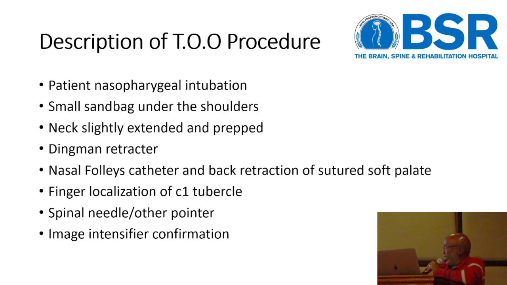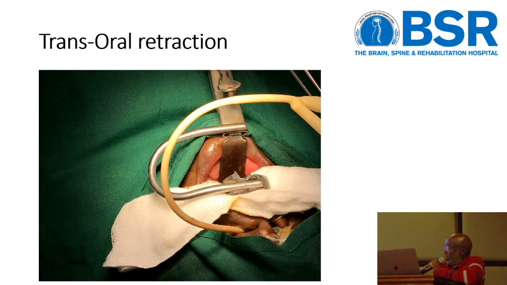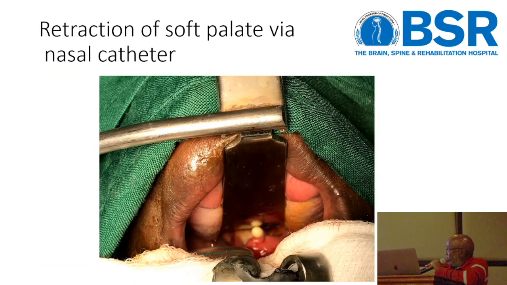and use either a spinal needle or a pointer and image intensifier. So this is an example of the patient in surgery, and you can see lower down the tip of the catheter as you pull it out through the nose.